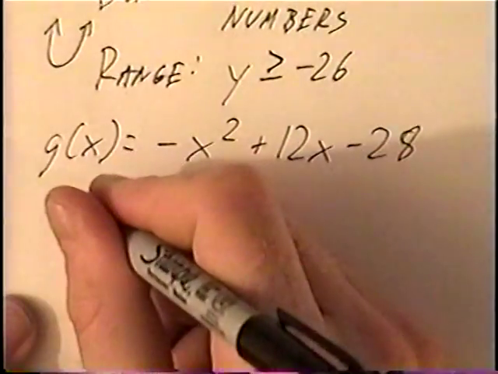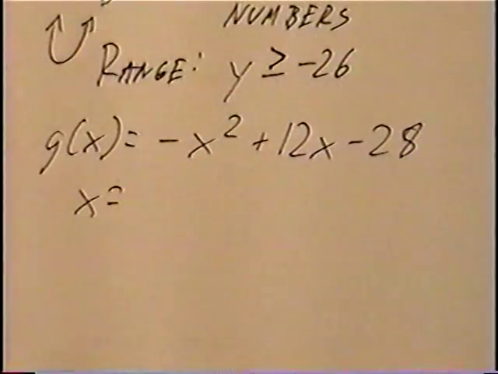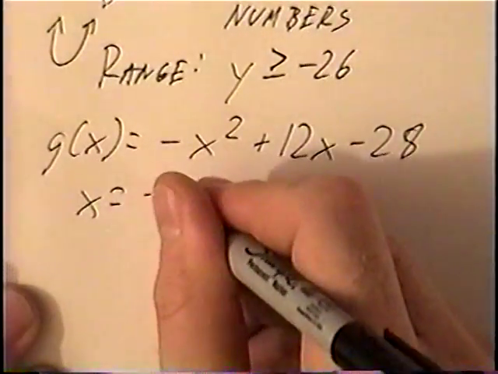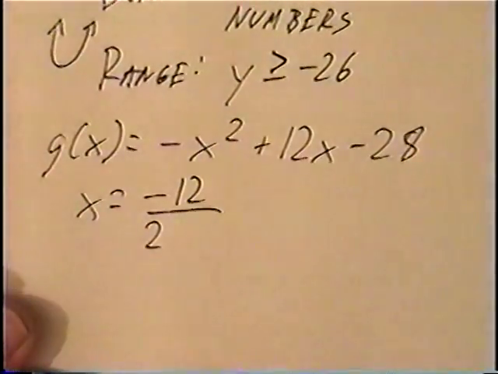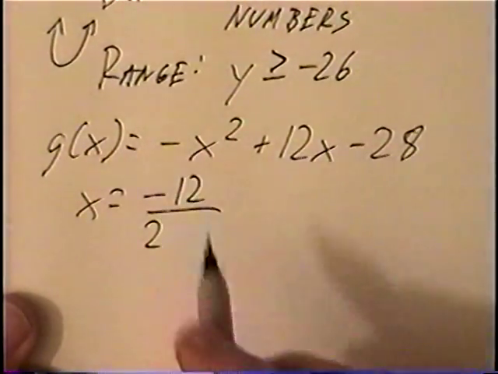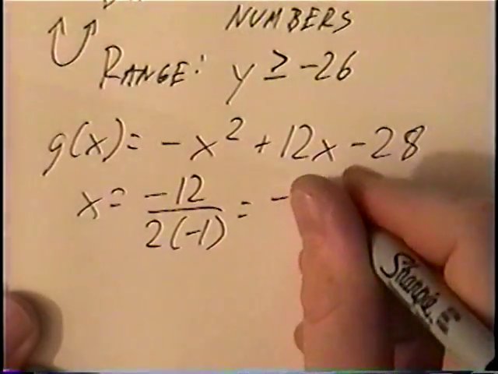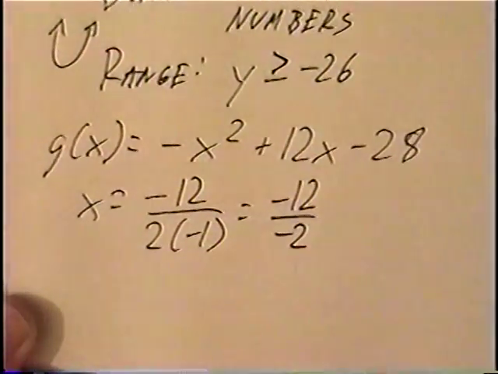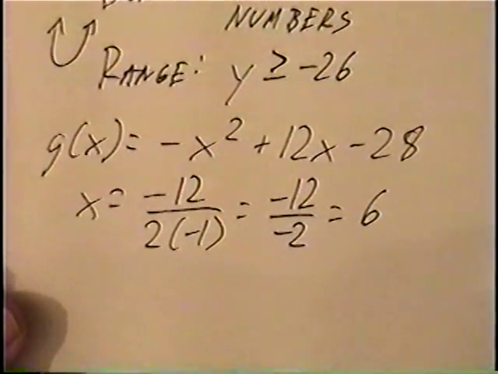Solving, we can first find the vertex, or the x value of the vertex. So x equals negative b, which would be a negative 12, divided by 2 times a. A would be negative 1. So we'll have negative 12 divided by negative 2, which would be positive 6.